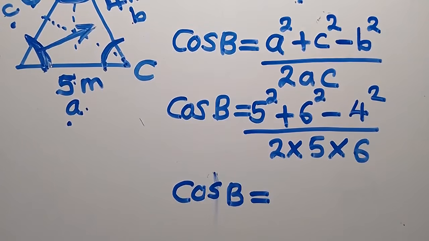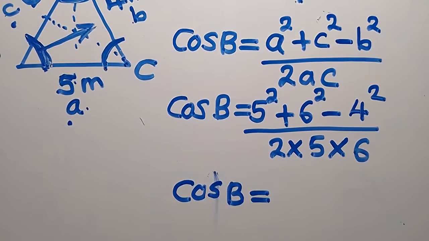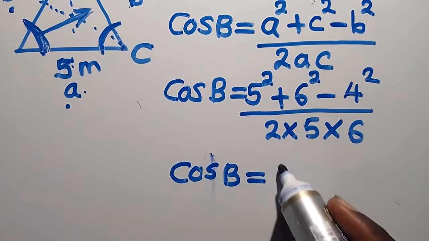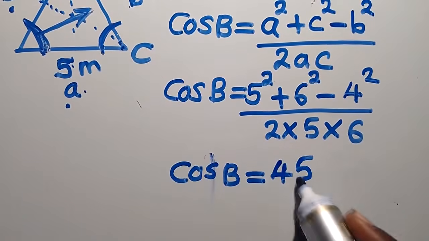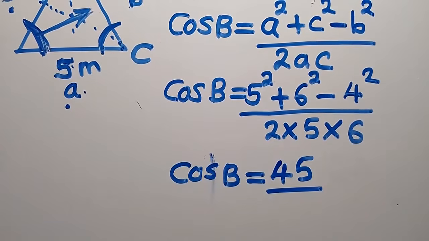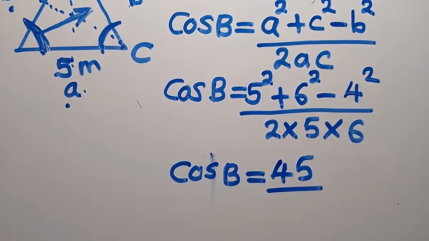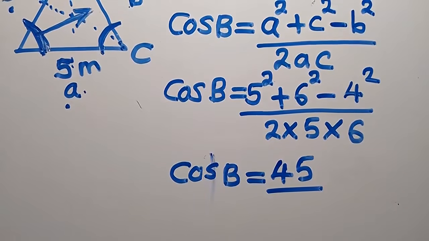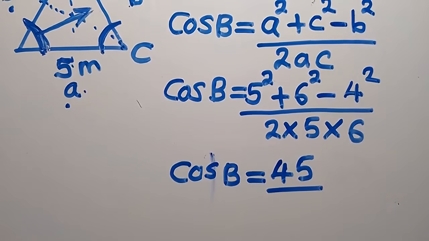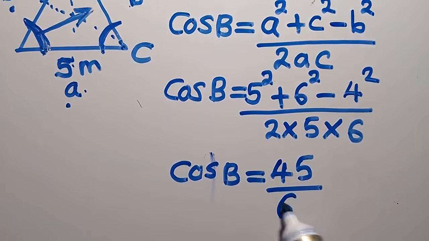What are you going to get? You are going to get 45. So you have 45 on top. Then you say over 2 times 5 times 6. What are you getting? We are getting 60. So you get a 60 there.